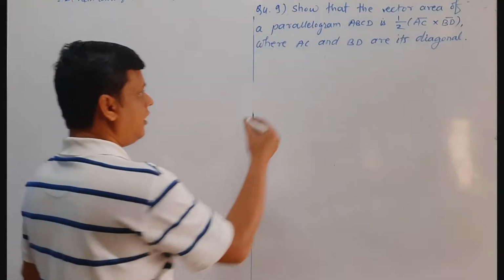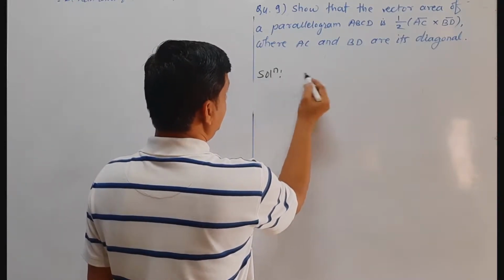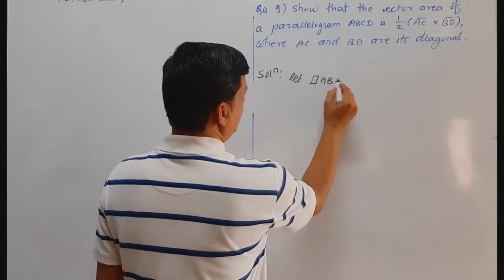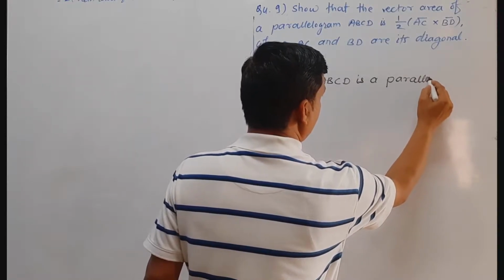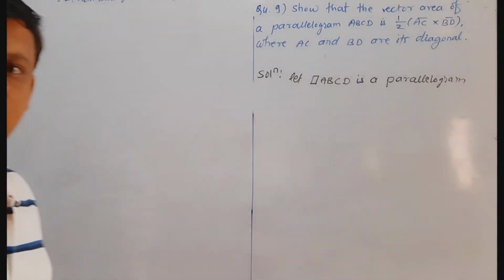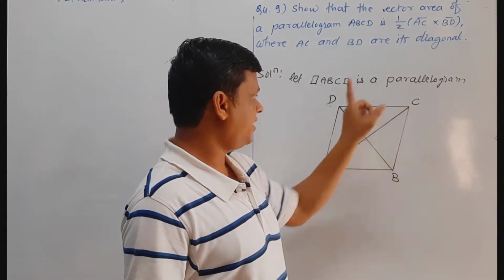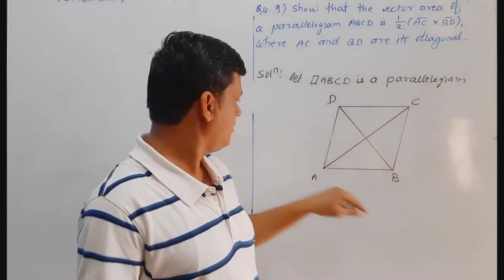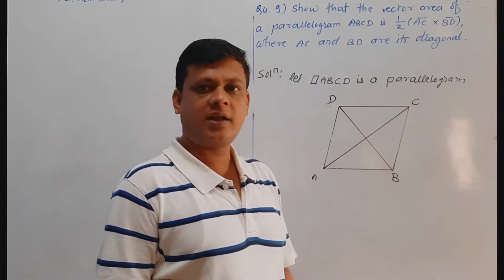So first we draw the parallelogram. Let quadrilateral ABCD be a parallelogram. So we draw parallelogram ABCD, in which AB, DC are parallel, AD, BC are parallel, and BD and AC are the diagonals.